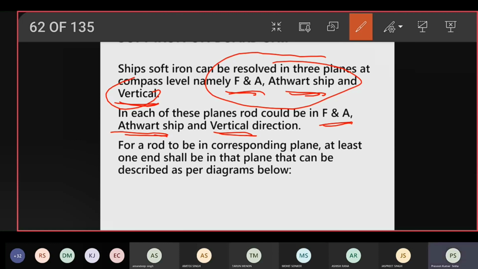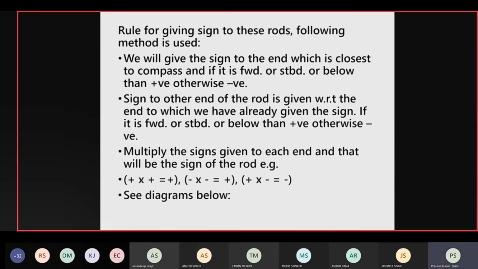So now some imagination is required. Before the imagination, there are certain rules that we must understand. Now that we know there are 9 rods, there are some sign conventions given to each of these rods. Overall, the rod will be positive or negative, but that will depend on the ends, how they are named.